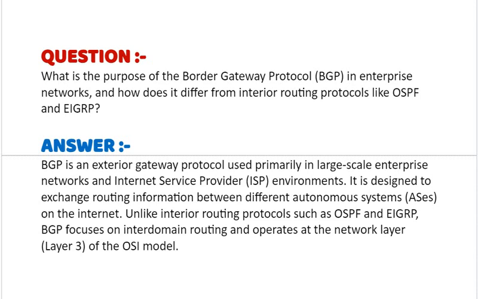It is designed to exchange routing information between different autonomous systems (ASs) on the Internet. Unlike interior routing protocols such as OSPF and EIGRP, BGP focuses on inter-domain routing and operates at the network layer, that is layer 3 of the OSI model.